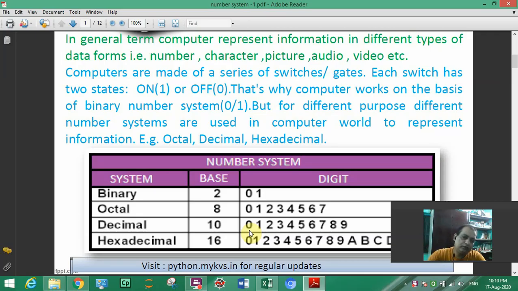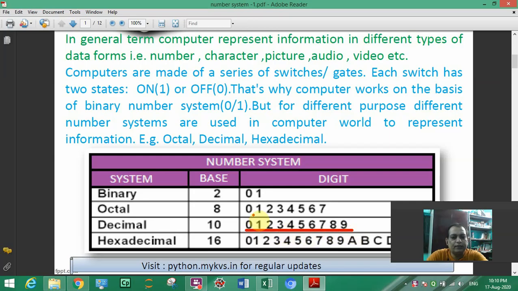So these are in the form of decimal number system. Why is it called decimal number system? Because it has 10 different symbols, that is 0, 1, 2, 3, 4, 5, 6, 7, 8, 9.